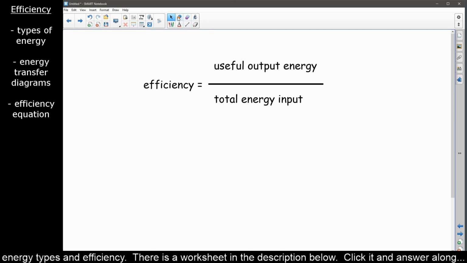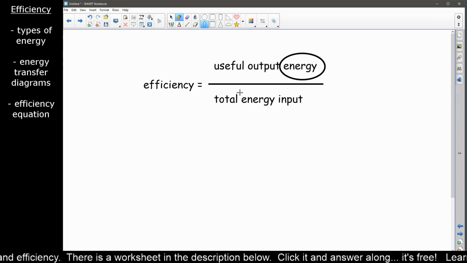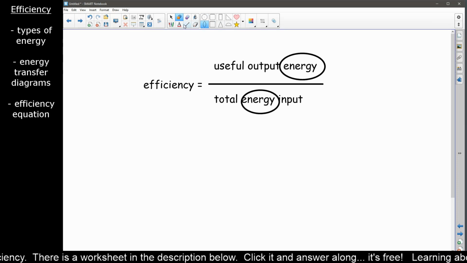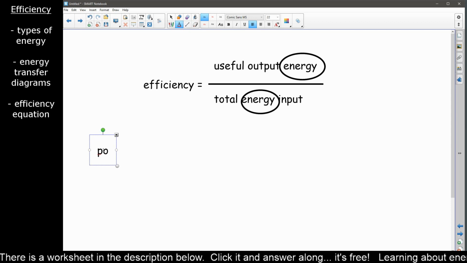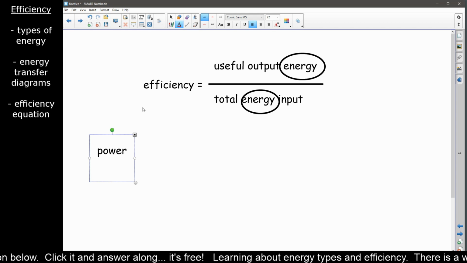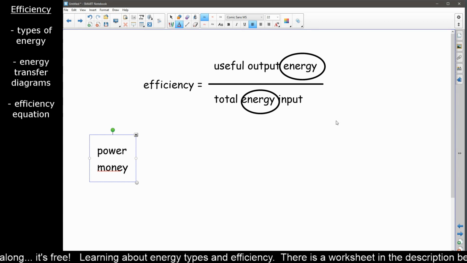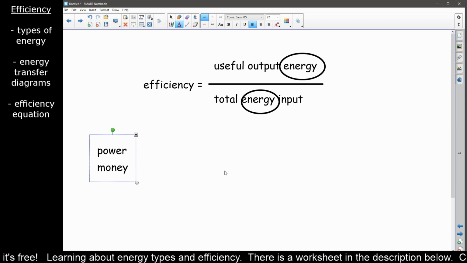Now, the word energy can be substituted in lots and lots of different places. This word energy can sometimes be substituted for the word power. Okay, because power is energy per second, as we will find out later on. Okay, so power, energy, you can put those words in there. To be honest, you can put in money. Okay, my useful output money divided by my total input money, that will give me the degree of efficiency for my money.